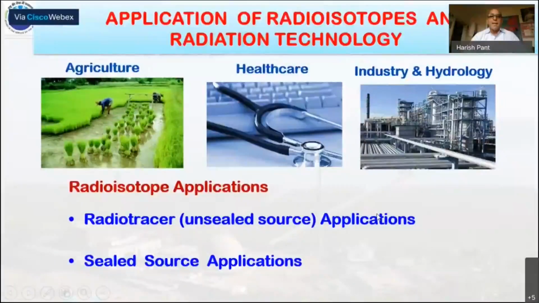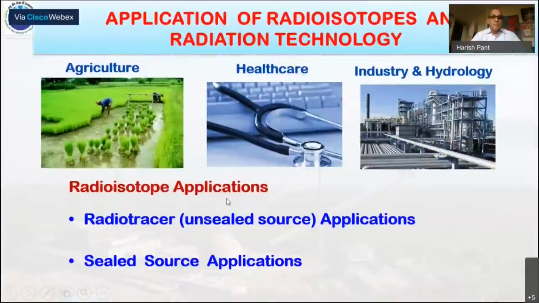Before I start the lecture, let us recap whatever I have discussed in the previous lectures. As I told you, applications of radioisotope and radiation technology are mainly categorized into agriculture, healthcare, industry, and hydrology.